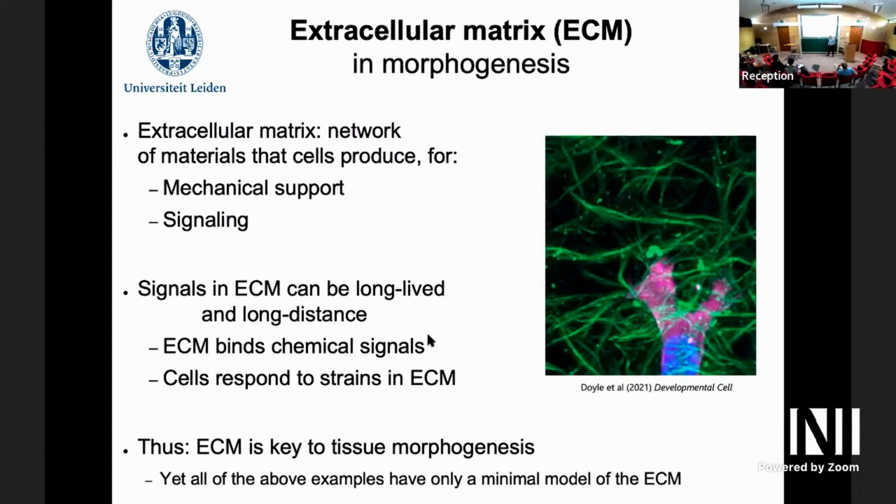Then I'm going to show you an example explaining how stiffness of the substrate can change cell shape. And then I'm going to show you a very recent development where we realized that the extracellular matrix is very structured and has lots of fibers. So I'm going to show you a hybrid cellular Potts and molecular dynamics method to model the extracellular matrix.